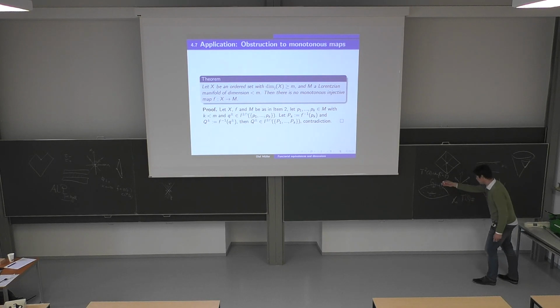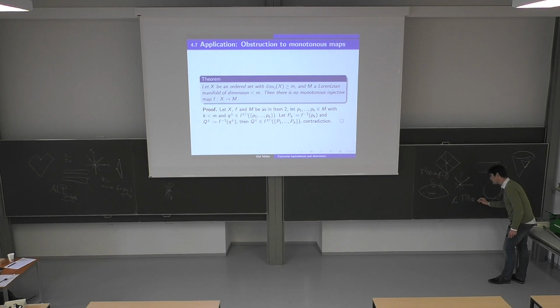Then you pick n points equally distributed here, and then you get T of 1 over square root of n, n times.